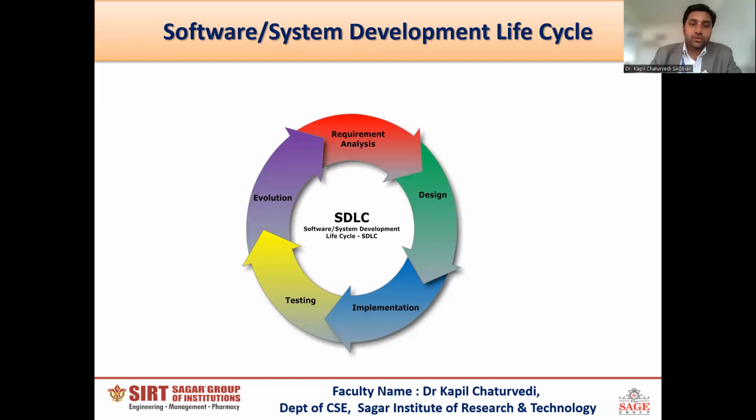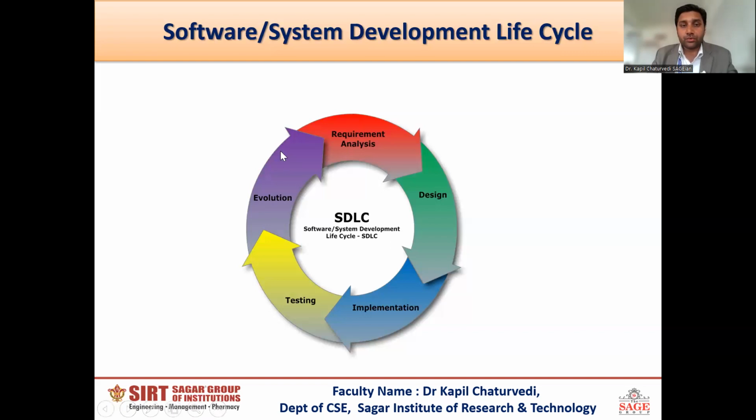A similar process is shown in that diagram, but the diagram represents the process in a cyclic way, which is known as prototype modeling, where after requirement analysis, design, implementation, testing, and evaluation, the customer may ask for more requirements or new add-ons in the software.